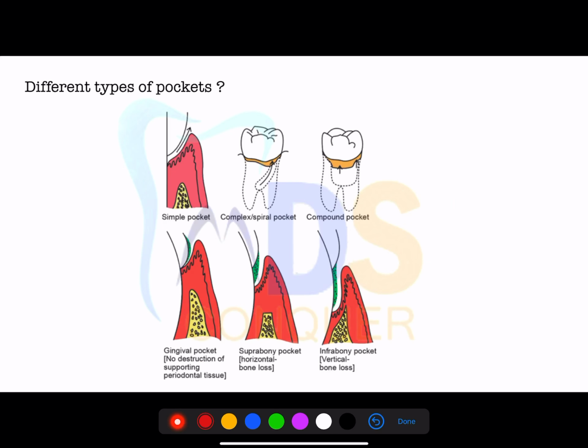The next topic is the different types of pockets. They can ask you a diagram-based question around this. A simple pocket is on one surface.